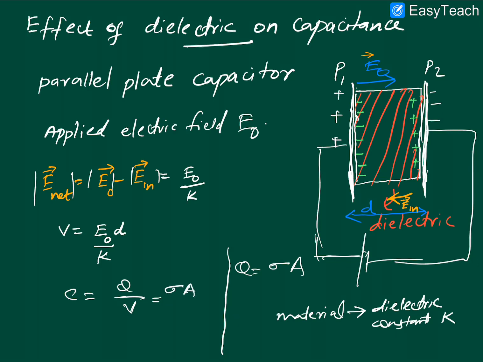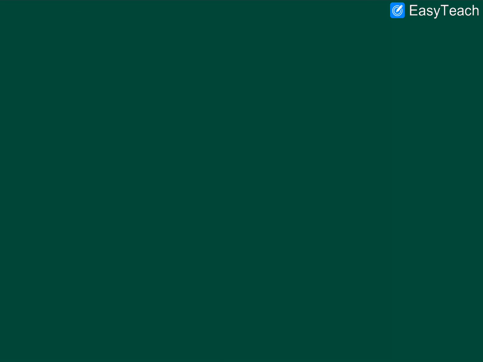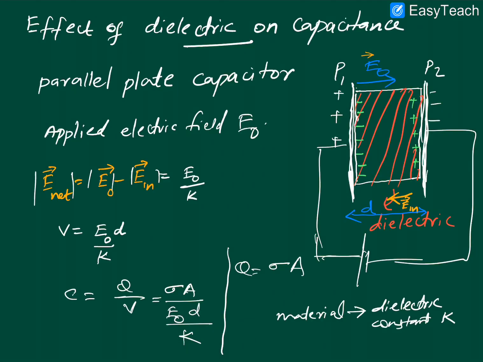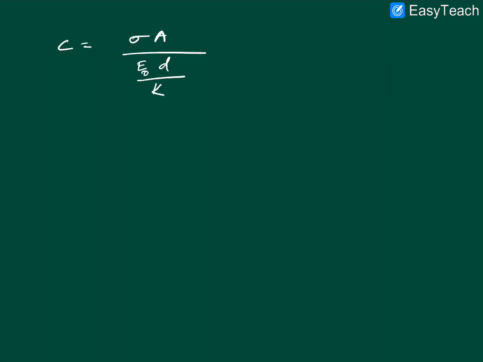Now V, what is V? E0 D by K, isn't it? So you got C is equal to sigma A divided by E0 D by K.